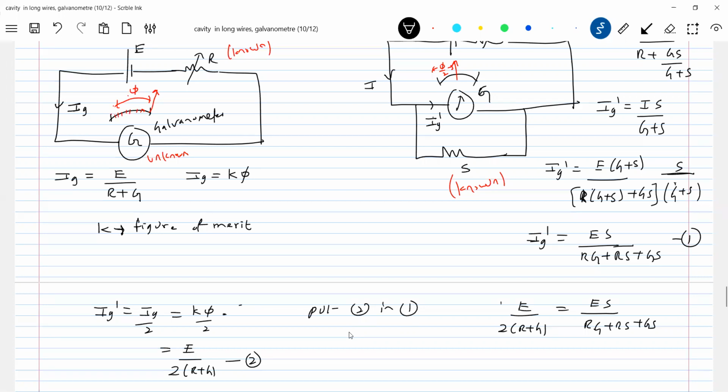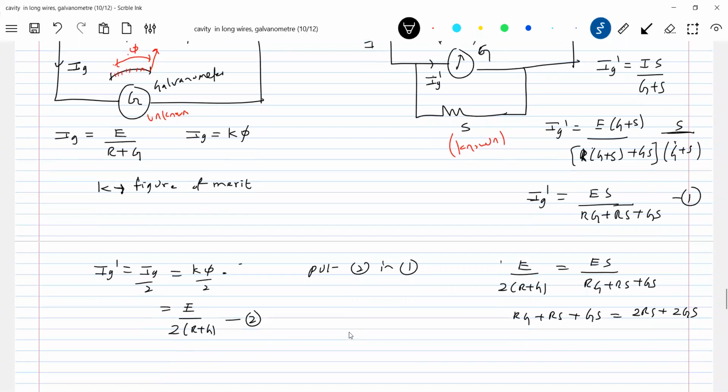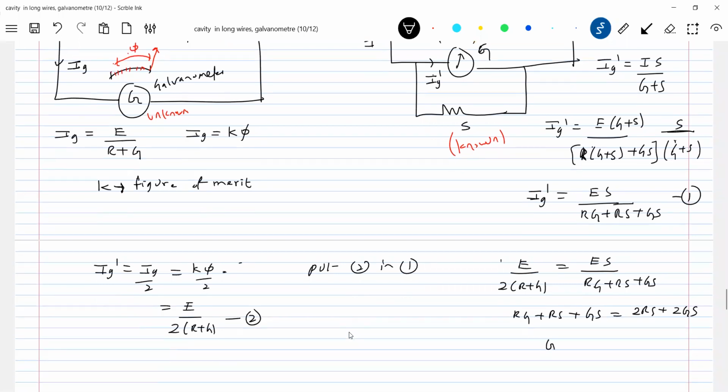So RG plus RS plus GS. Let me simplify this. RS plus GS is equal to 2RS plus 2GS. Anybody? Expression for G? G equals RS by R minus S.